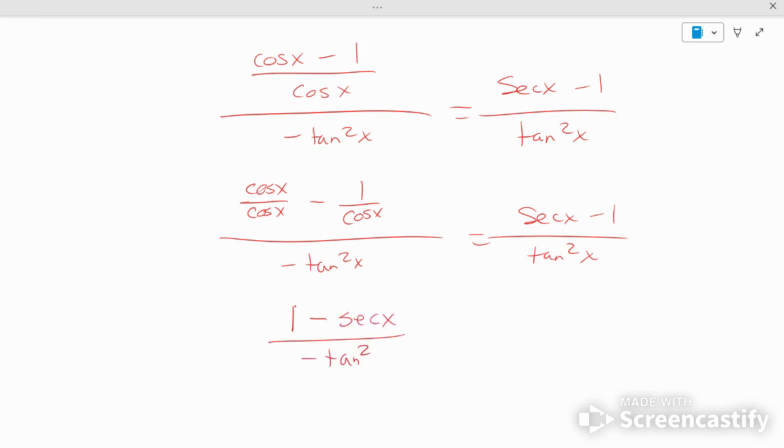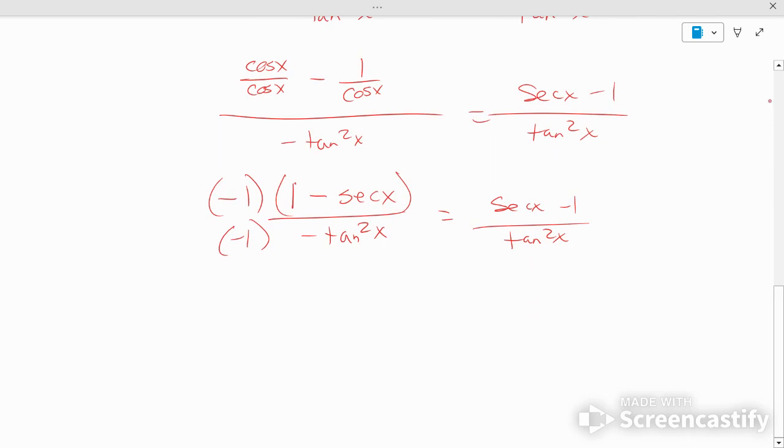I'm really close now. Now what do I have to do to make them look alike? Multiply the top and bottom by -1. Taking the bottom by -1 gives me a positive tangent squared of x.